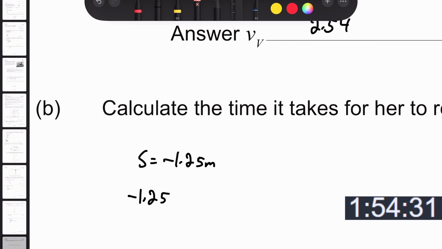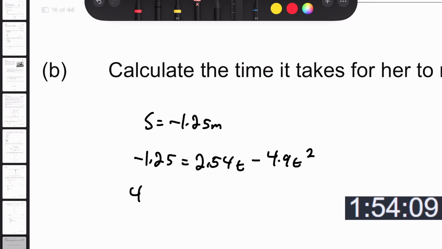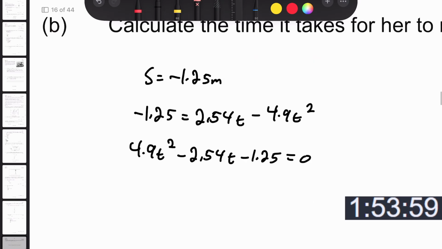Negative 1.25 is going to be equal to 2.54 t minus 4.9 t squared. So then 4.9 t squared minus 2.54 t minus 1.25 equal to 0.